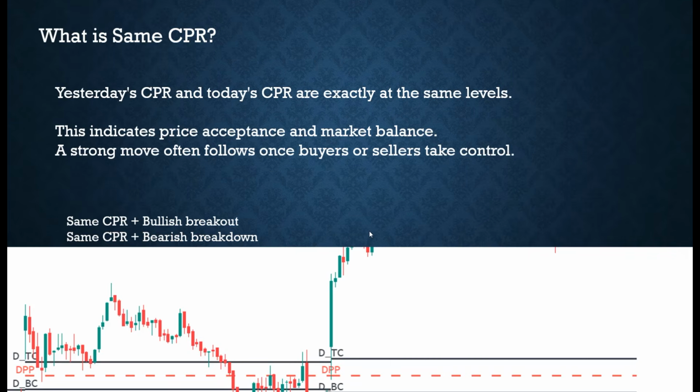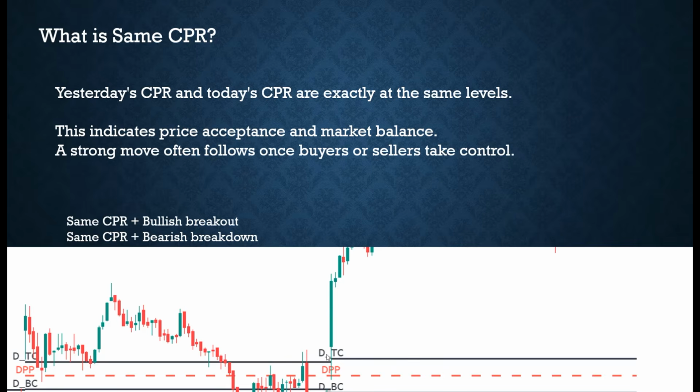Same-day CPR: yesterday's CPR is this, and today's CPR is this one, so they are exactly on the same level. The pivot point remains the same for yesterday and today. This indicates price acceptance and a market in balance, and a strong move often follows once buyers or sellers take control.